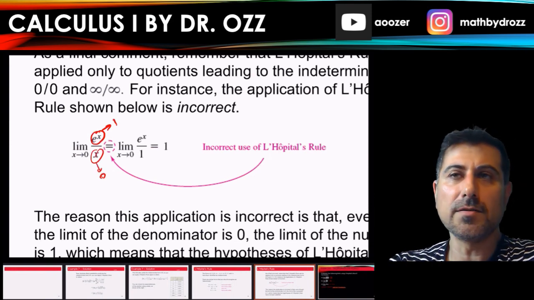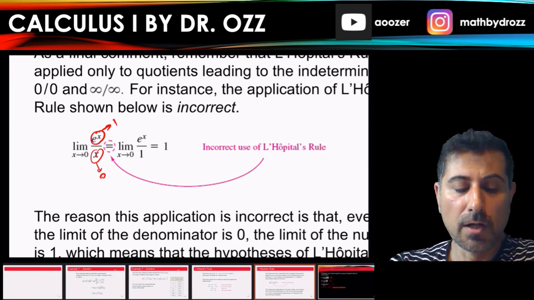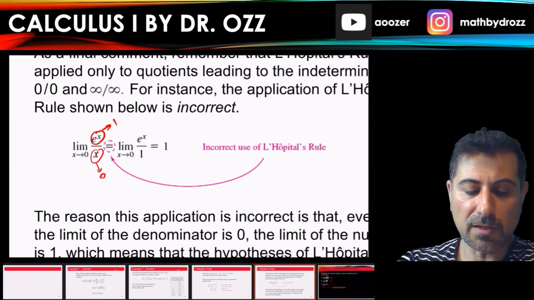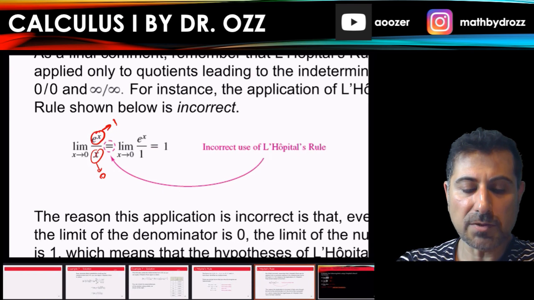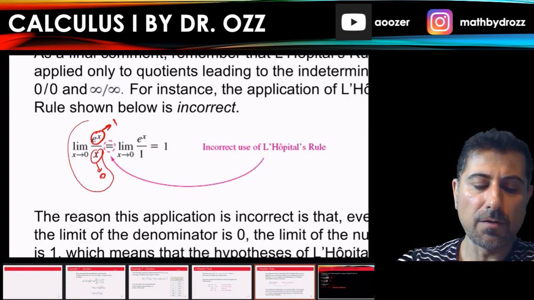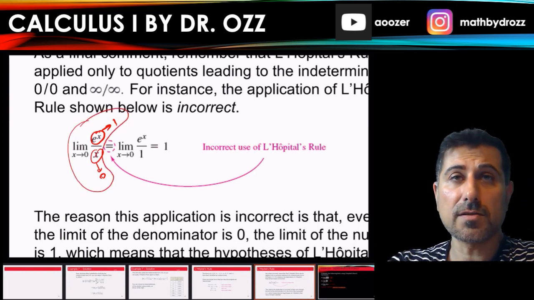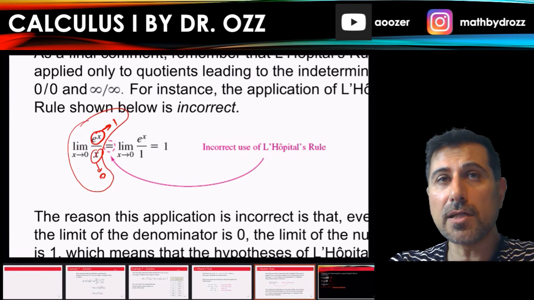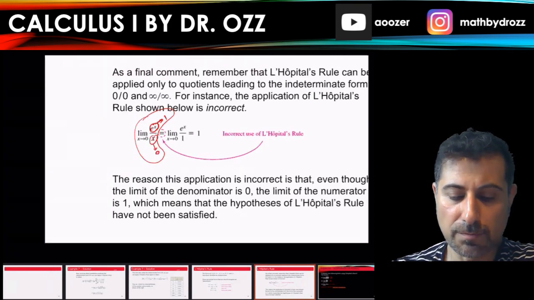This is not 0 over 0 or infinity over infinity. In fact, this is 1 over 0. Falsely, we took the derivative of the top and the bottom separately, and we got a wrong result of 1, which is not the limit value for this expression. So that's an incorrect application of L'Hopital's rule.